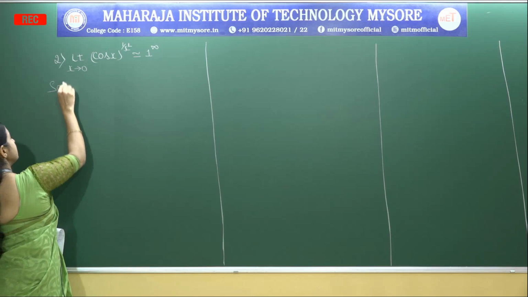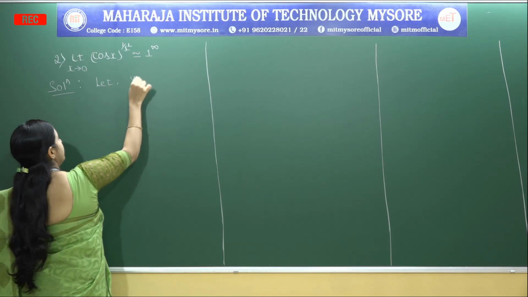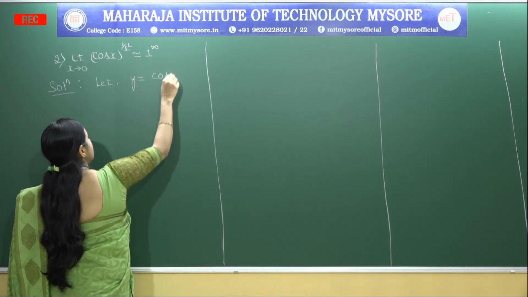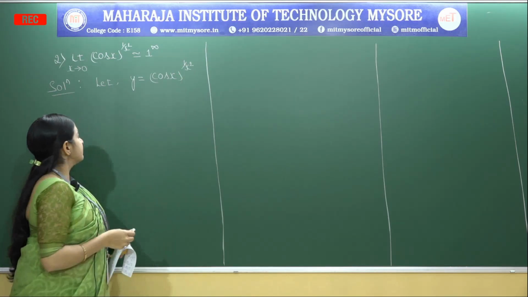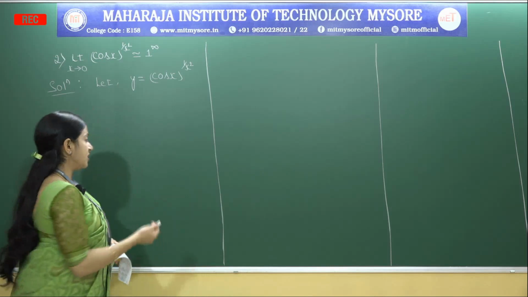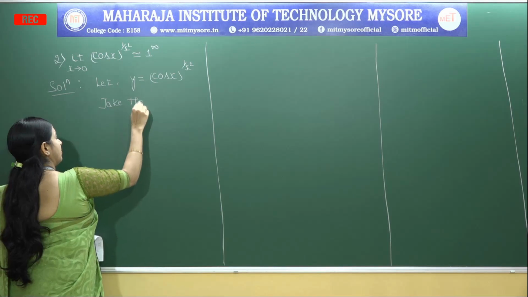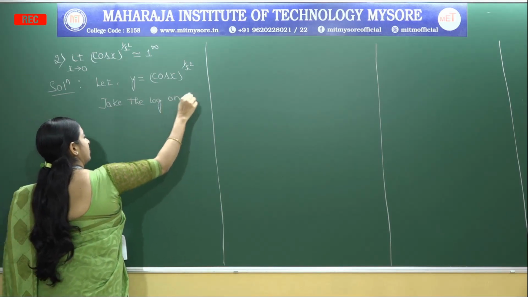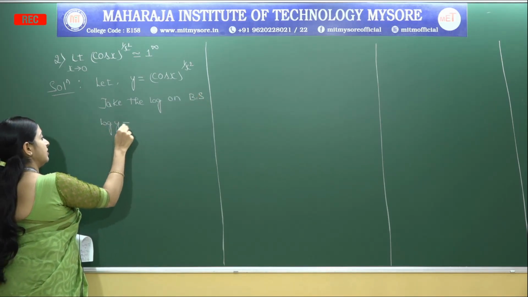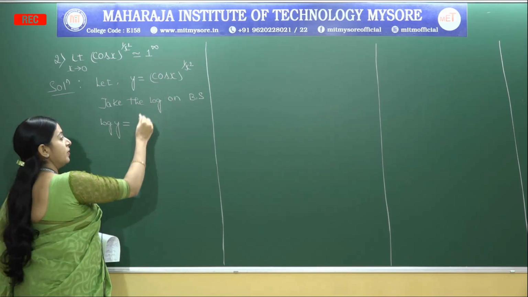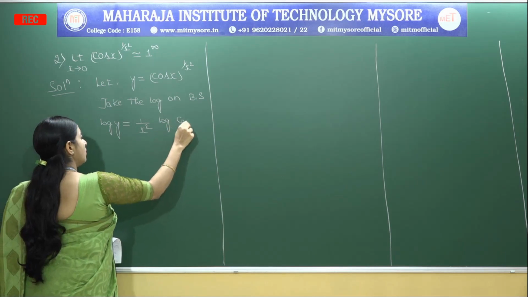The solution of this: let y equals (cos x) power 1 by x square. Then take the log on both sides. So log y equals, applying the property log a power m equals m log a, 1 by x square log cos x.